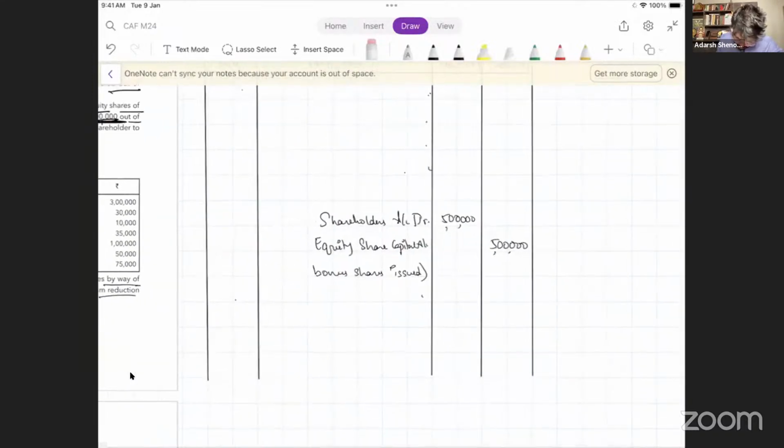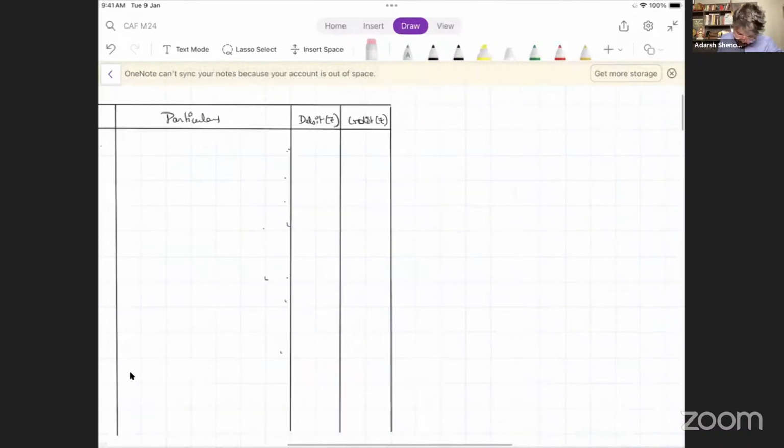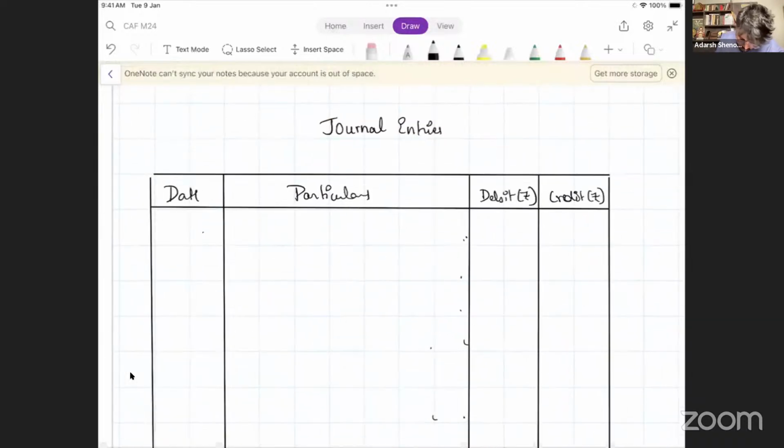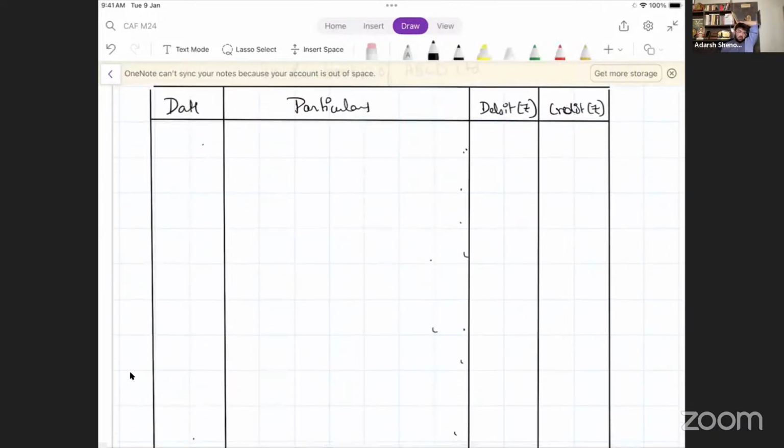Have they given the name of the company? ABCD Limited. Capital reserve account.